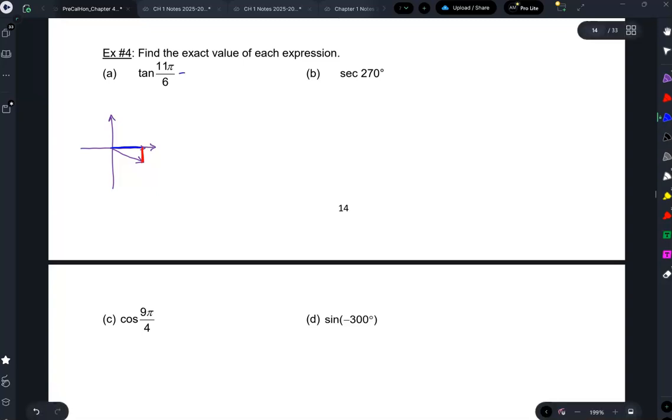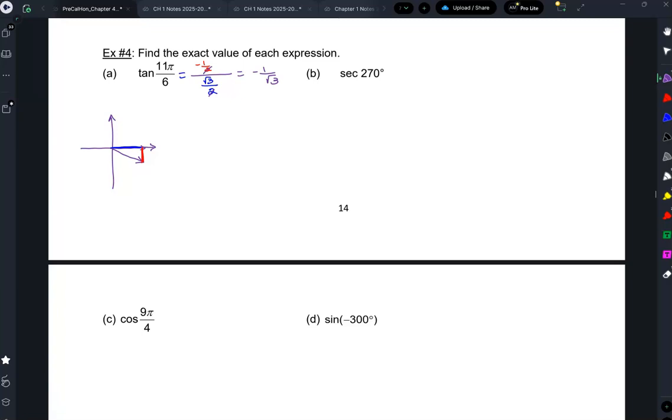Root 3 over 2. So this is negative 1/2 over root 3 over 2, which is negative 1 over root 3. That's it. You don't have to rationalize it.